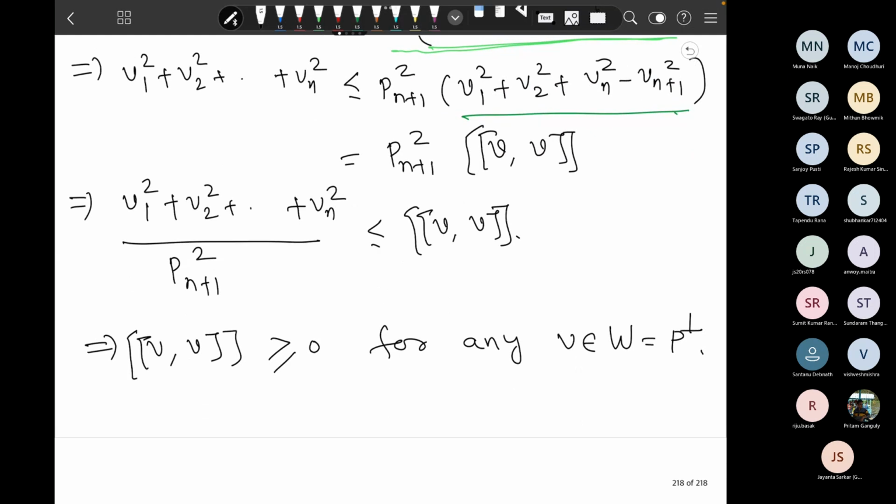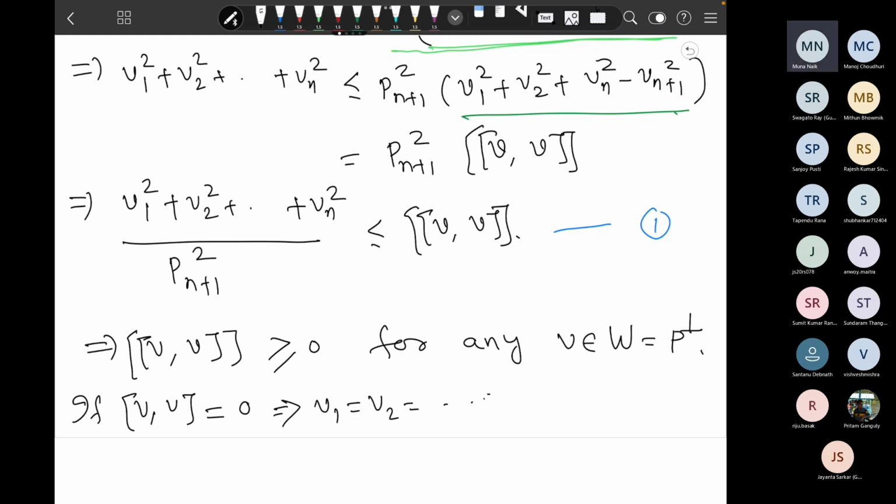Okay, now call this one. Suppose B(V,V) is equal to 0, then this implies V1 is equal to V2 is equal to Vn is equal to 0 from 1.